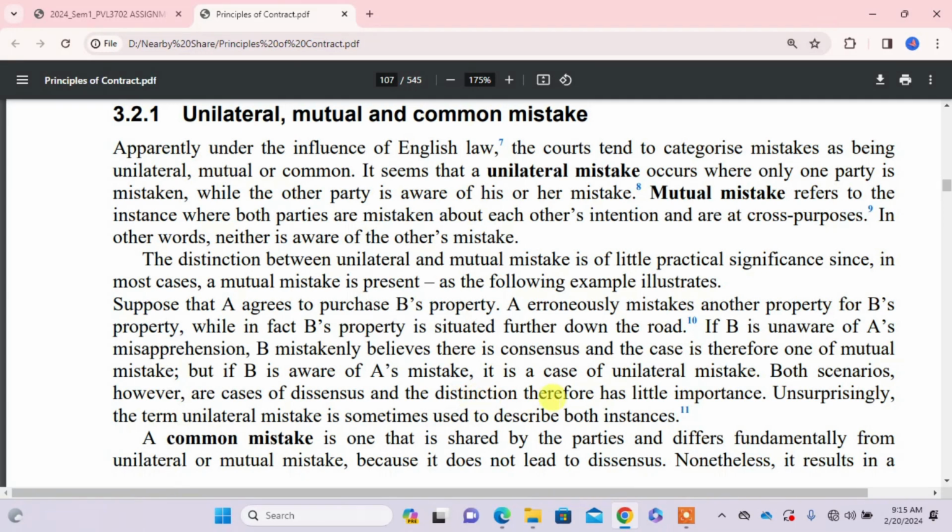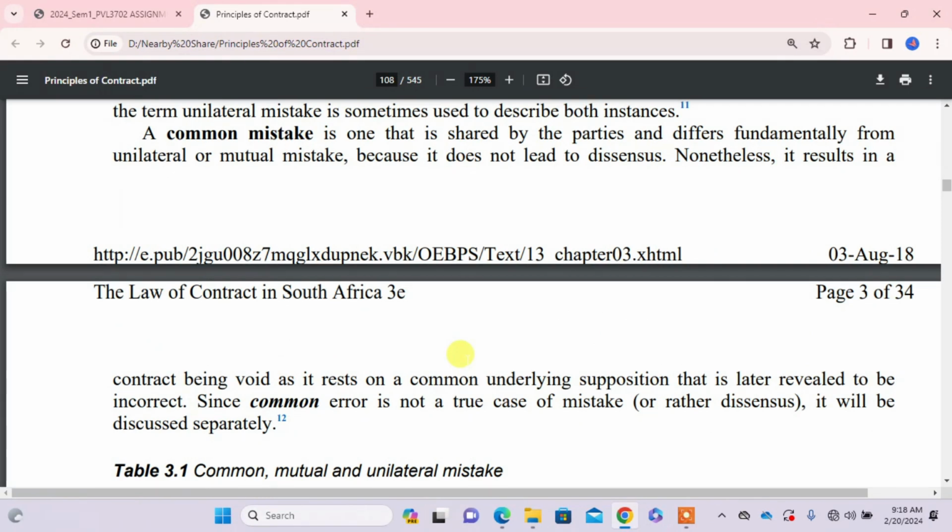Because of that, we have to go straight to look at the will theory. Before we discuss the will theory, we must also note that there is a common mistake that is shared by the parties and differs fundamentally from unilateral and mutual mistake, because it does not lead to dissensus.